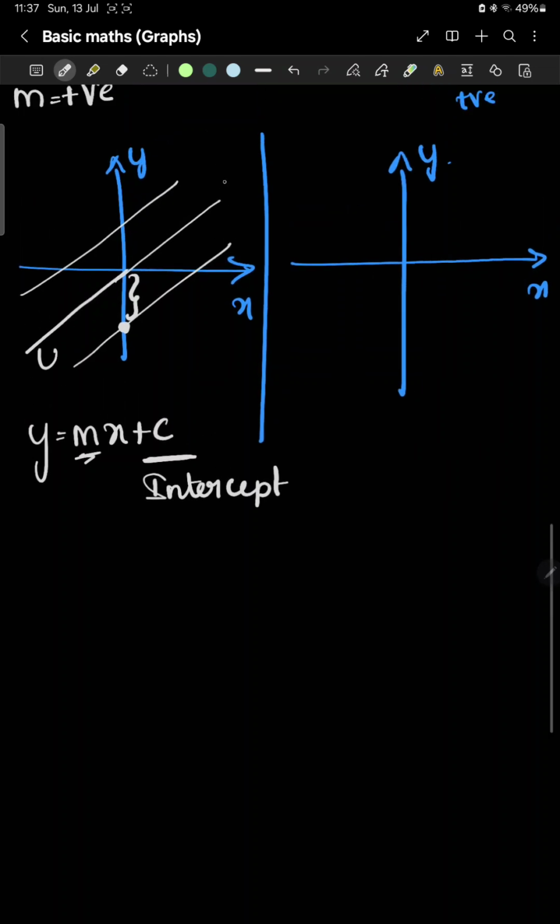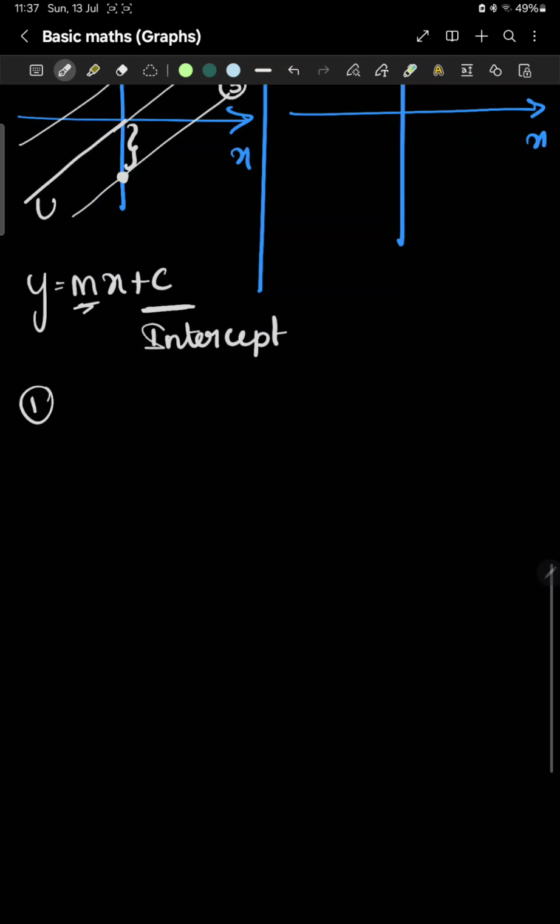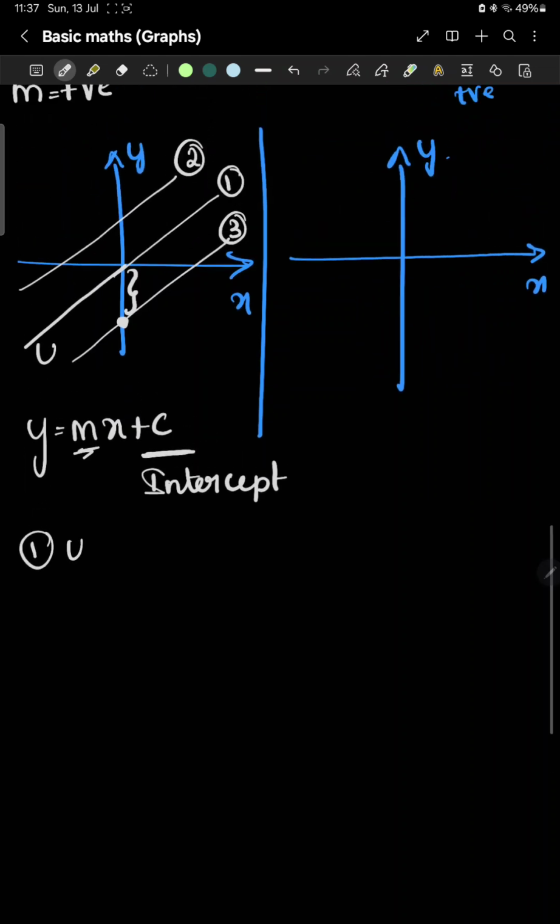So consider this as line 1, this as line 2, and this as line 3. In line 1, the slope is positive, so consider that as a positive value m x, and c, it is passing through the origin, so it will be 0, and so the equation will be y is equal to mx.